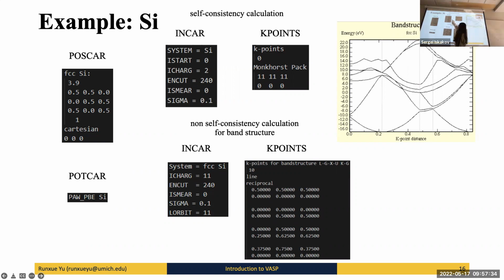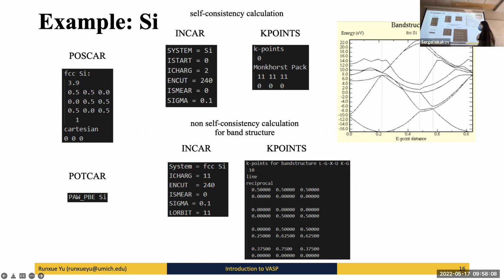We will start from the initial guess, and the ICHARG will be 2. Actually this one is provided in the pseudopotential, where you can manually set it here. ISMEAR is 0, and you can also have -5 here because it is a semiconductor, with SIGMA 0.1. And we will use the Monkhorst-Pack mesh here, and it is 11 by 11 by 11.